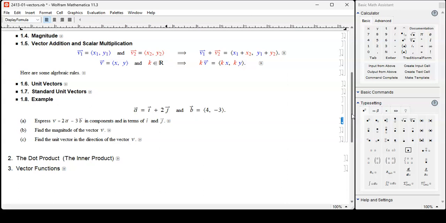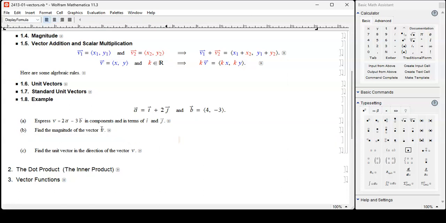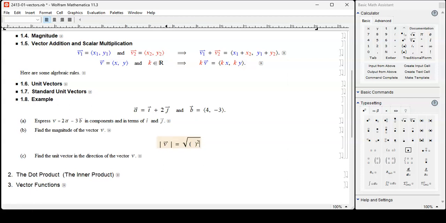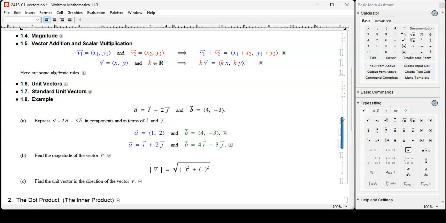Let's find the magnitude. Oh, that's easy. So, the magnitude of V is the square root of, what's the x-coordinate? And what's the y-coordinate? Remember that? I already forgot.